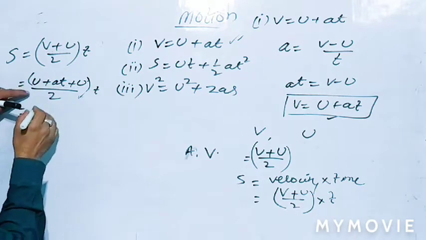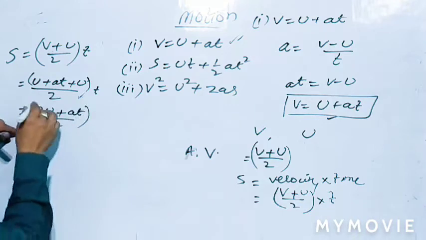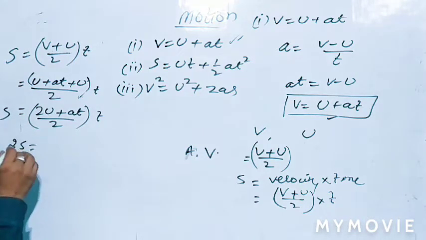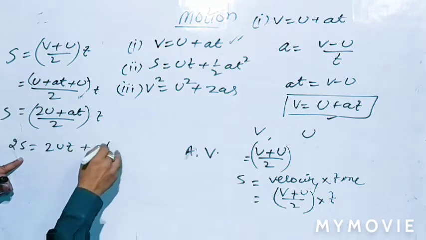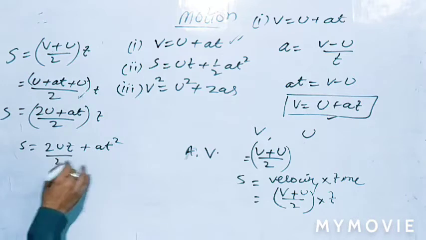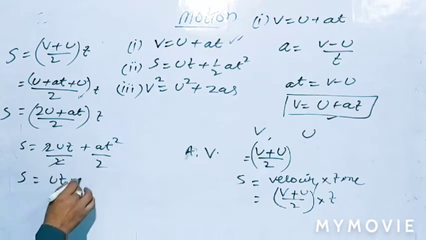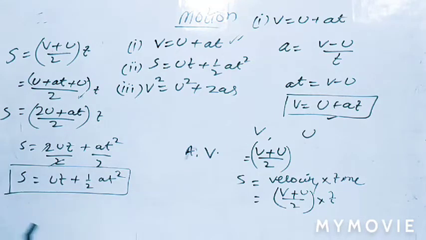So we can write 2u plus at upon 2 into t. So 2s is equal to 2ut plus at square, or you can divide by 2. s is equal to ut, the 2 cancels, plus half at square. This is the second equation of motion.